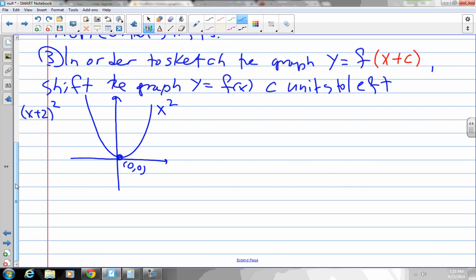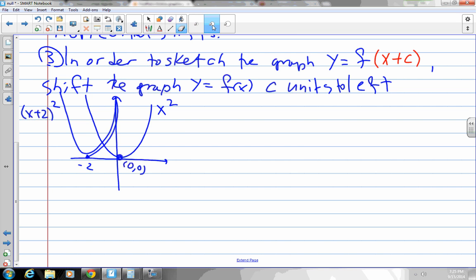When x equals 0, y equals 0, right? That point is called the vertex. Well, now let's think about what is the vertex of that new function. What does x have to be in order for the y to equal 0 when it's written like that? What does x have to be in order for this function to equal 0? Negative 2. So this is why it actually shifts to negative 2. So it's 0 at negative 2, and then it grows out of there. See that? So that's kind of what's happening over there.